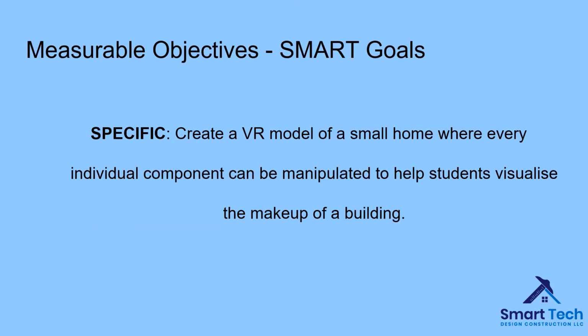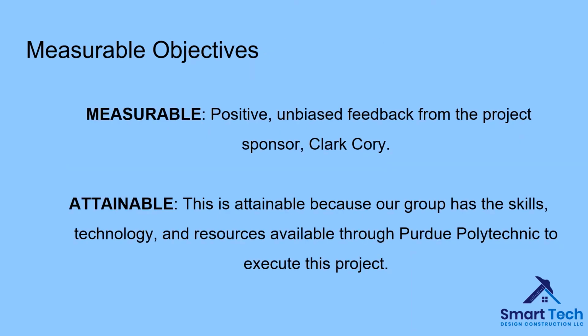Our measurable project objectives are based on SMART goals. The acronym stands for specific, measurable, attainable, realistic, and time. S standing for specific goals are to create a VR model of a small home where every individual component can be manipulated to help students visualize the makeup of a building. M for measurable goals are positive, unbiased feedback from the project sponsor and mentor, Corey.